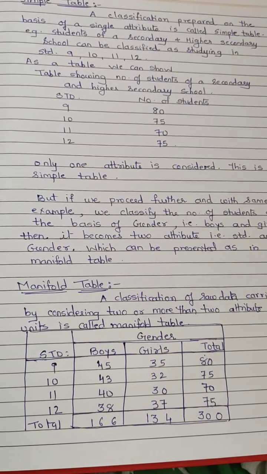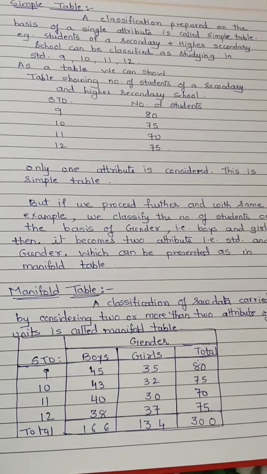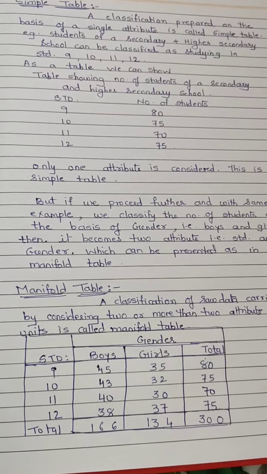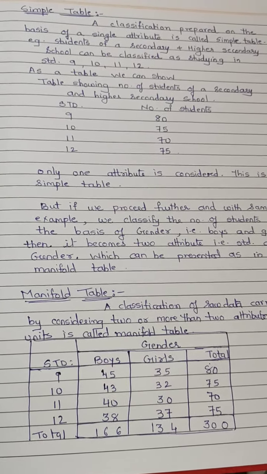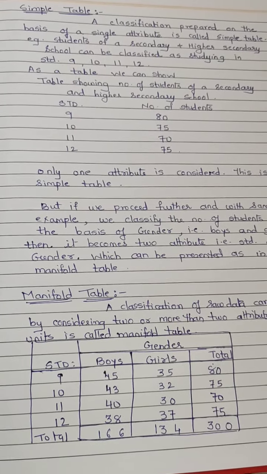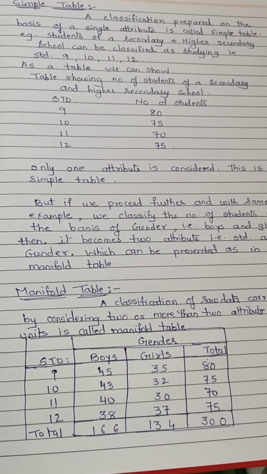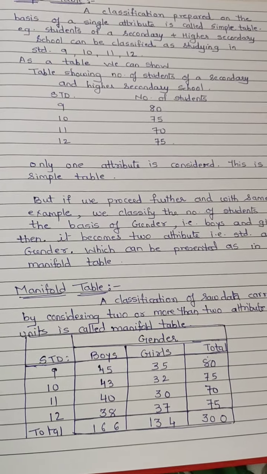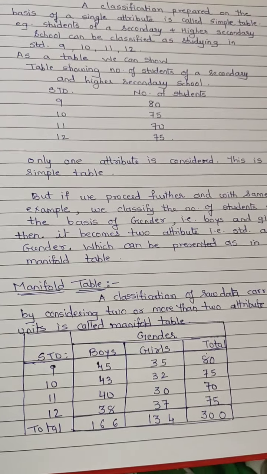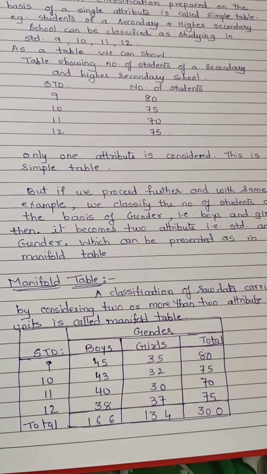So only one attribute is taken. So I have prepared a table and you can see heading is given same way as we were giving heading in classification. For tabulation also appropriate heading regarding the data is to be given.